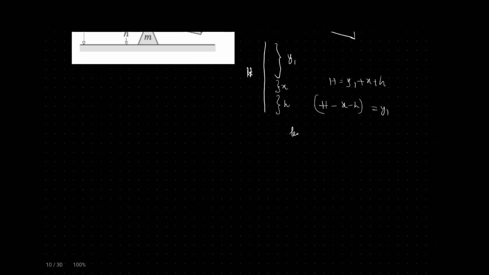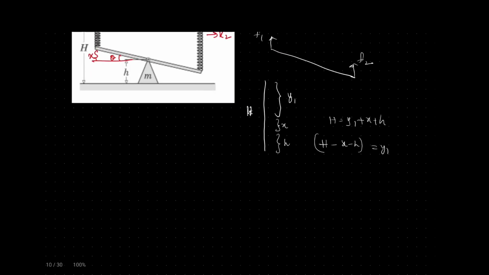So the current length of the spring is H minus x minus h.